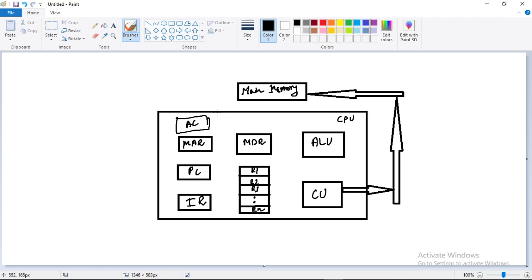You can write it this way also: the IR holds the instruction which is just about to be executed. Whatever instruction the CPU wants to start executing, that instruction's operation code will be present inside the IR.